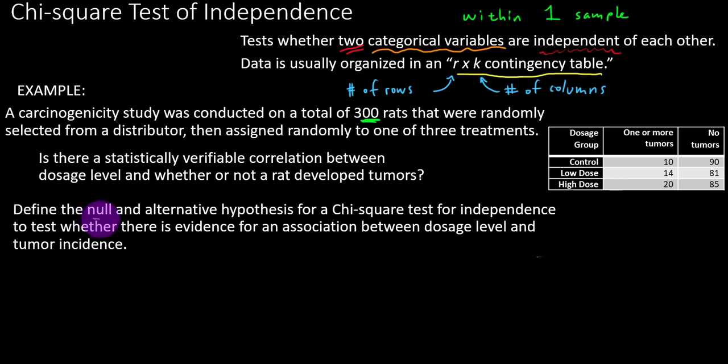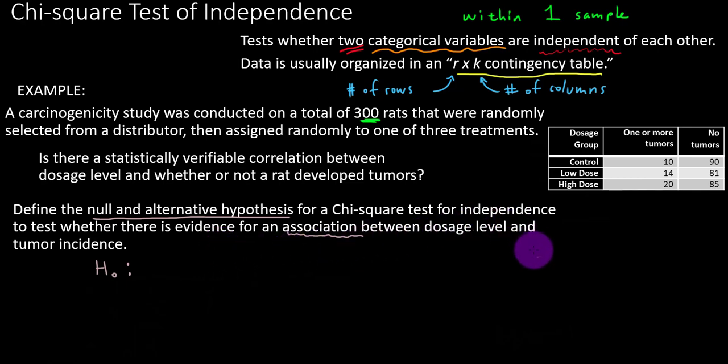Let's define the null and alternative hypotheses for this chi-square test for independence. We're testing if there is an association between our two variables, the dosage level and the tumor incidence. As we know, the null hypothesis is always a statement in some way of no change or no difference.